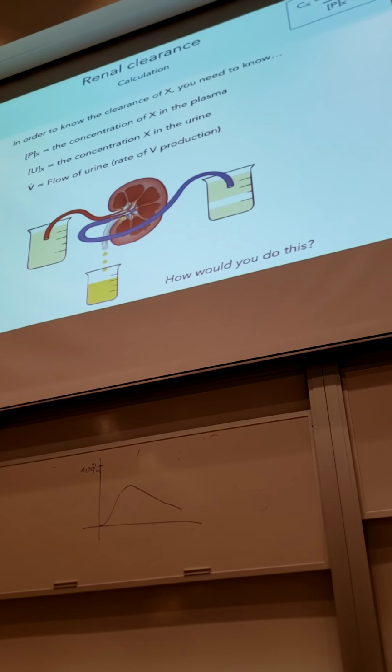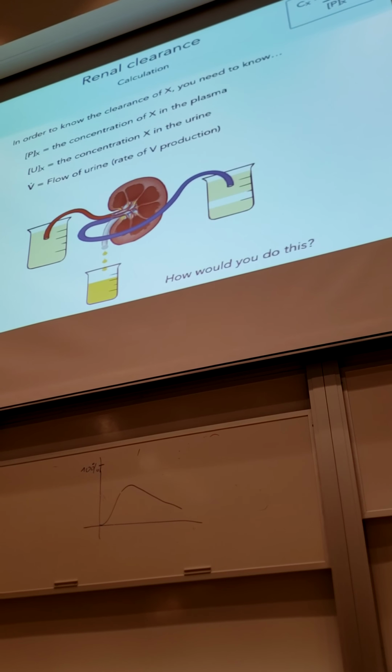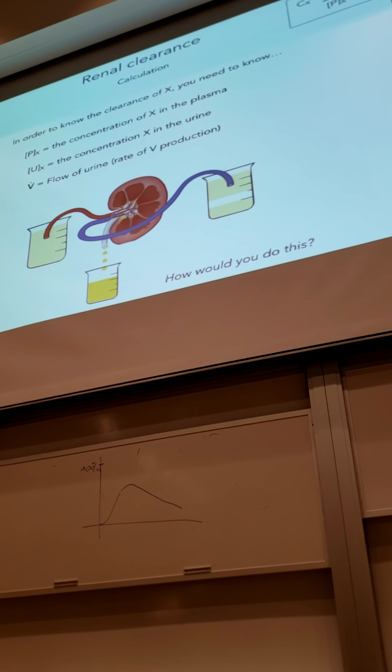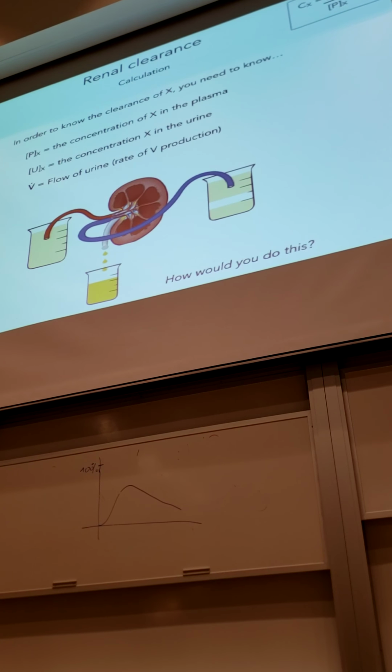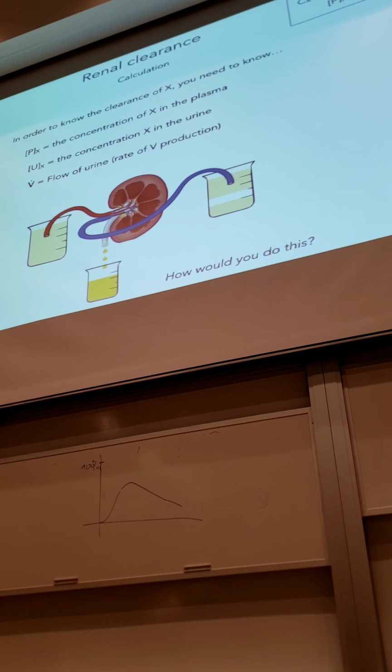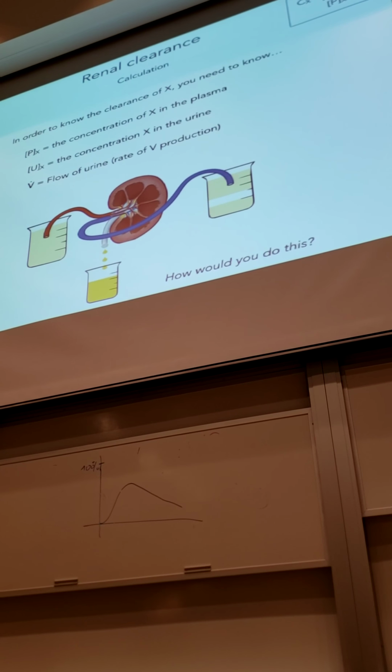So if we know the concentration in the plasma, and we know how much is in the urine and the volume of urine that's produced, we can calculate how much of that substance has left the blood. And we're not looking for specifically the amount of the substance, but the amount of the plasma cleared of that substance.